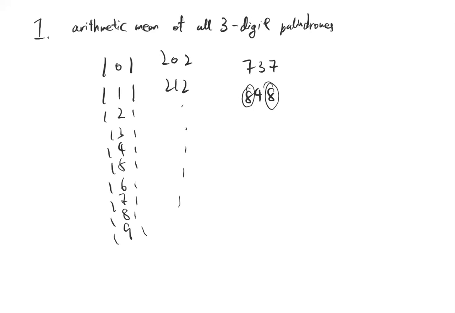At the end, the biggest palindrome is 999. What you can see here is that if you list all the palindromes from smallest to largest, it forms an arithmetic sequence, meaning the common difference between each consecutive palindrome is the same. In this case, the common difference is 10.